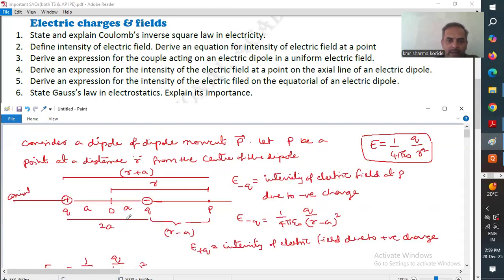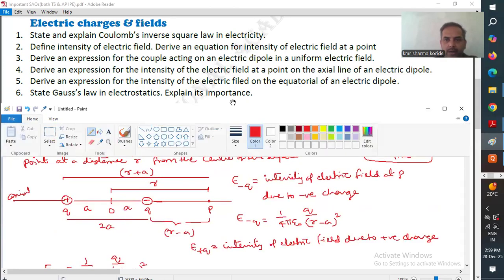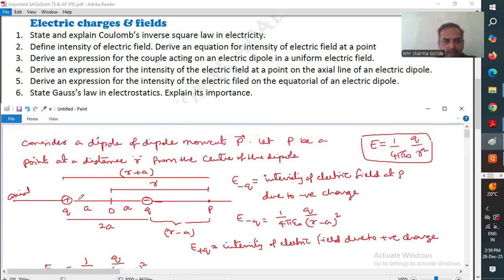Now look at the diagram. In general, electric field lines start at the positive charge, crossing and moving away from point P. So this is the direction of the intensity of electric field due to the positive charge. In the same way, electric field lines move towards the negative charge, crossing point P, moving towards the negative charge.